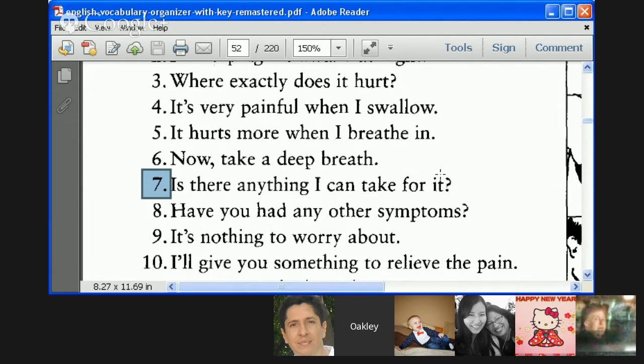What is the patient asking for? Can I do something to recover from this disease? Well, to put it simply, they're asking for medicine.